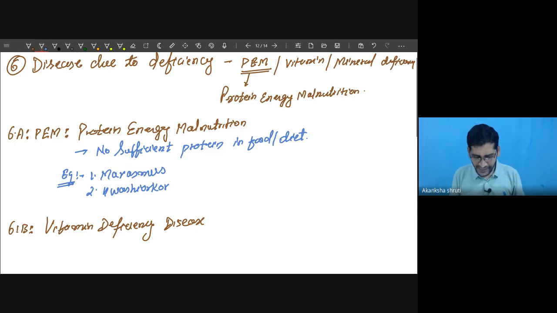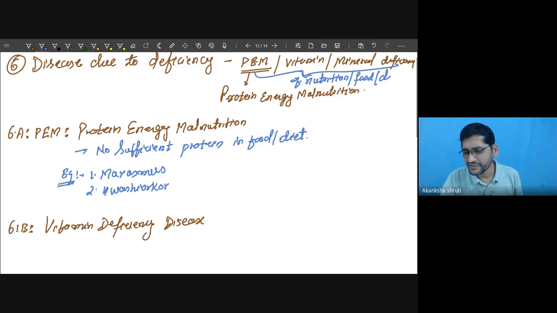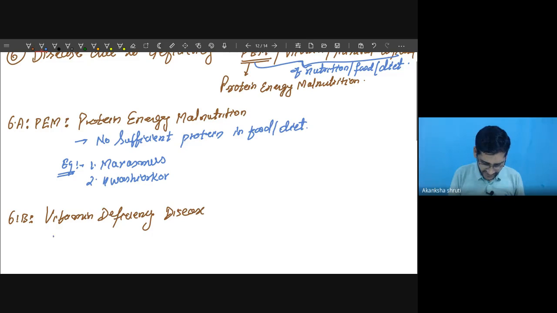Because of lack of vitamins, again, where are these vitamins in our food? Getting it, students? All of these are present in our food. So these are the ingredients of our nutrition. Whatever we are eating, that is the nutrition or food or diet that we are taking. So a vitamin-deficient diet leads to various diseases.